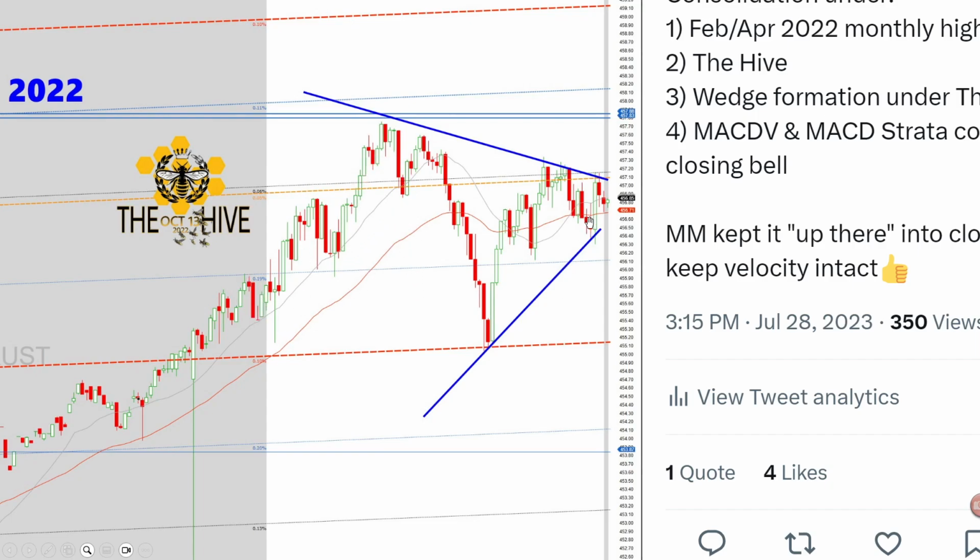Boom, boom, boom, boom, boom. This is really small to see, but 457.88 and 457.83 would be the April and February monthly highs. It actually did take that on Thursday, but then it dumped. But now it came right back to it. So it is under the April and February monthly highs of 2022. It is under the hive, and it is consolidating.